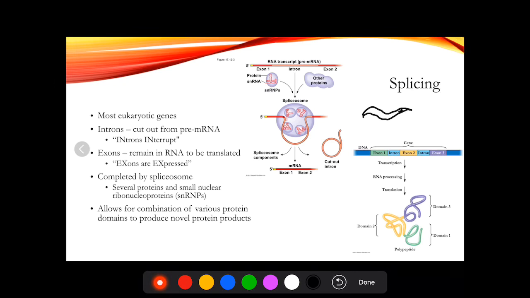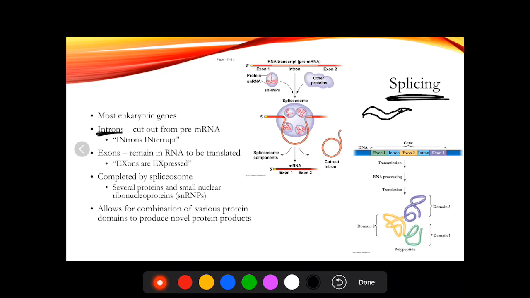Why is it that you have the same number of genes as this guy? Why do you have the same number of genes as a fruit fly? The answer comes down to the fact that your genes do not follow the 1 gene, 1 polypeptide rule. Higher eukaryotes have a lot of what is called splicing. Splicing is taking the piece of DNA, turning it into mRNA, and then cutting out chunks of it.